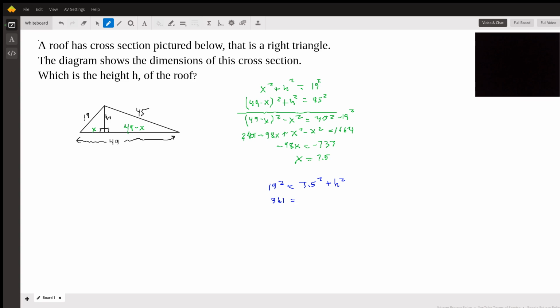I'm not going to do 7.5 exactly. I'm going to use what I have on my calculator for the answer, and I'm going to square that.